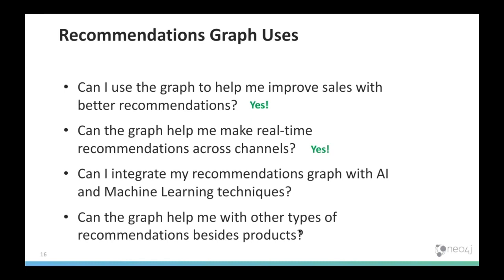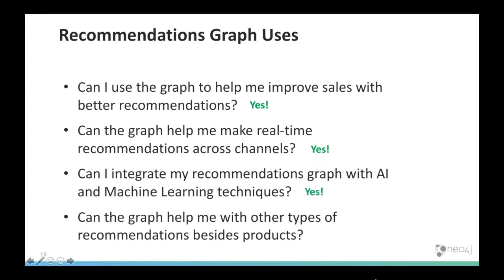As I said, it's an enterprise-grade asset database designed for these real-time scenarios. So, real time, not just in being able to respond with the recommendation in real time, the end user's experience of real time, but also being able to deal with the real time data coming in across channels, and being able to make those connections and update the graph and gain that additional context in real time.